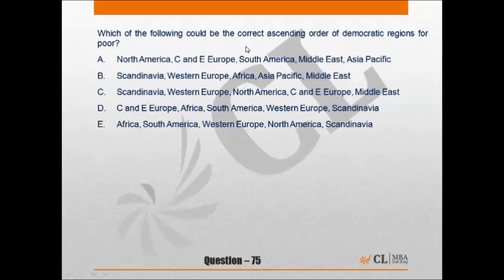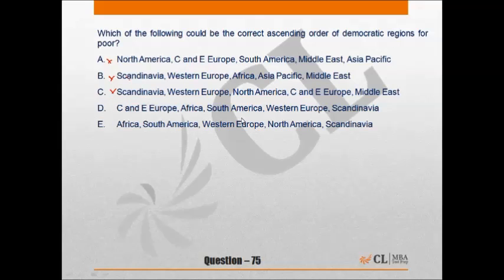Middle East is the second least democratic region for poor, but here in the first 3 options it is shown as more than that. So the first 3 options are ruled out, as they are not representing the correct order. So we have got rid of the first 3 options.